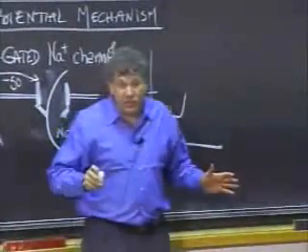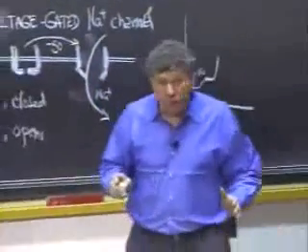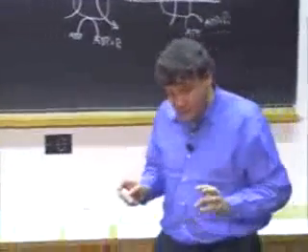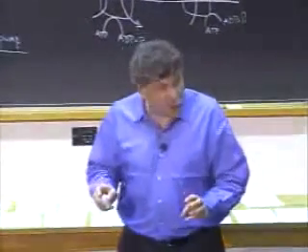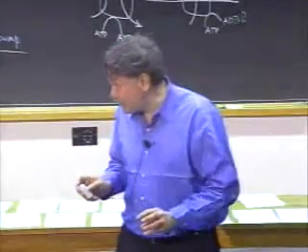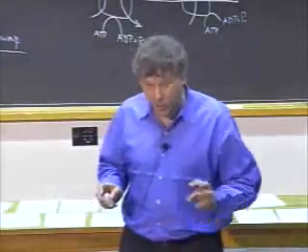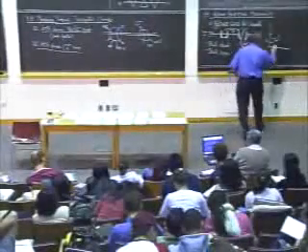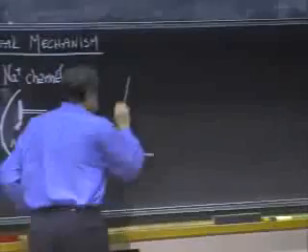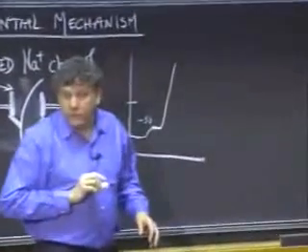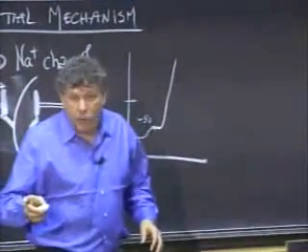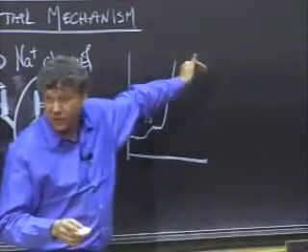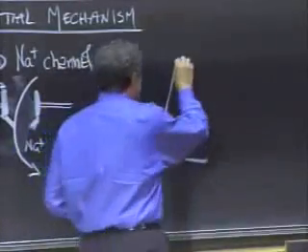Does it stop at 0? No, because now, even as the cell becomes positive in the interior, sodium still wants to keep coming in because of its concentration gradient. It now has to do some work against the electrical gradient that's set up, but it keeps going and going and going. Does it go on forever? No, because eventually it reaches a point where the electrical gradient, positive now inside the cell, offsets the concentration gradient, and it'll stop.